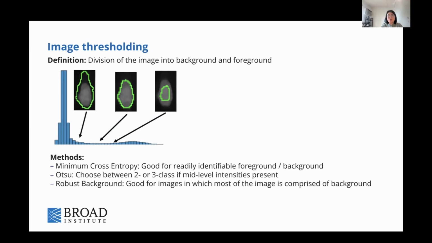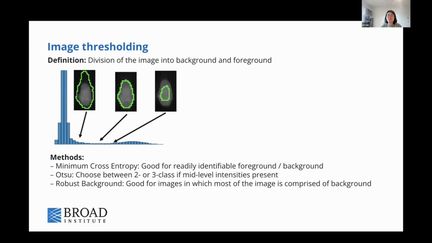And usually we have multiple methods for image thresholding. First is called minimum cross entropy, which is good when it is already easy to identify foreground and background. But sometimes the stain is not even across the whole image, so there are several peaks in your image.